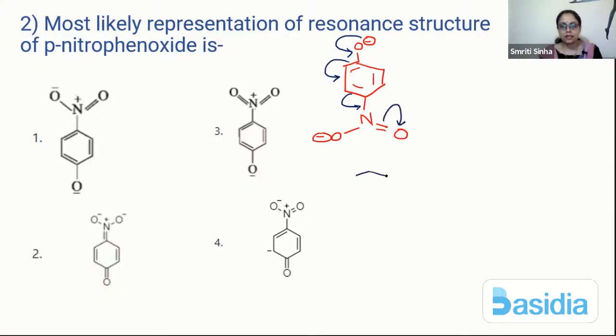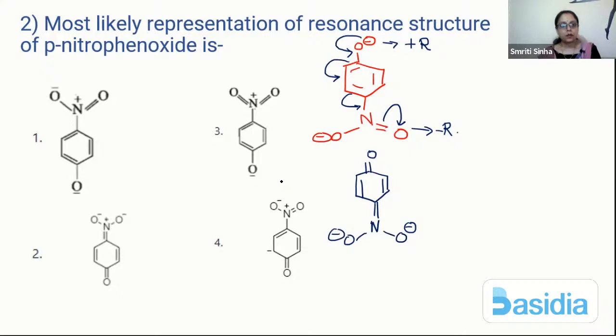So what you get is C double bond O, bond here, then double bond N, O negative, O negative. Why? Because this O negative is showing plus R effect, so it will push its electron towards the benzene ring, while NO2 will show minus R effect, therefore it will pull the electrons from the benzene ring, and due to this you will get this possible structure.